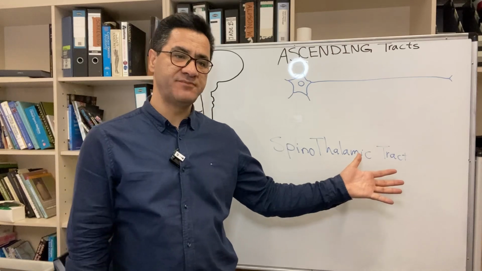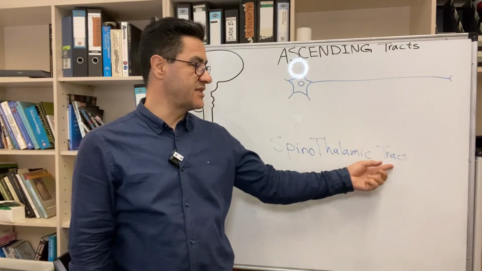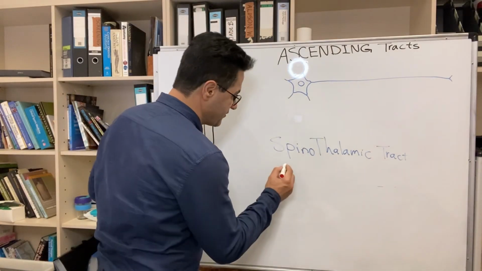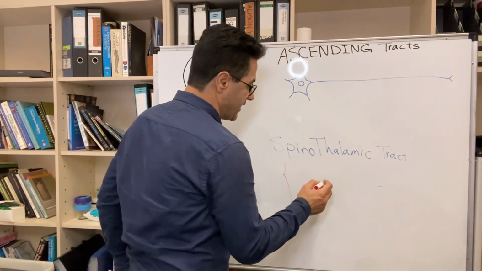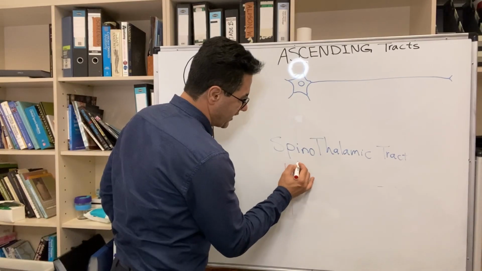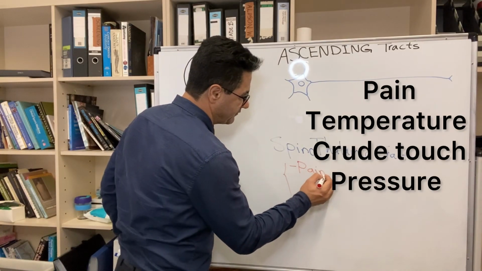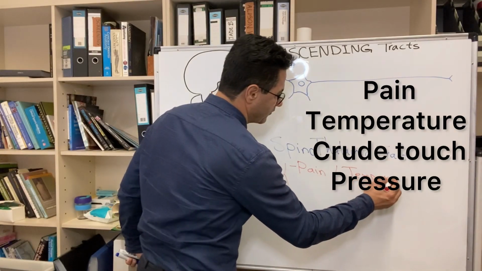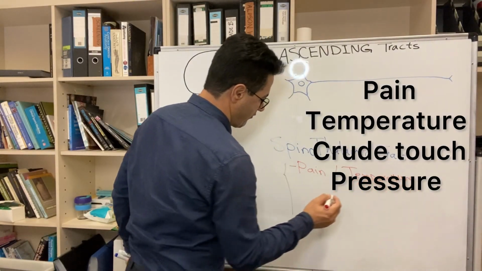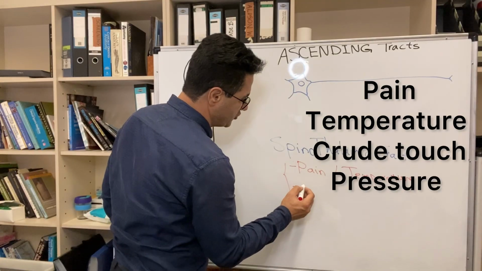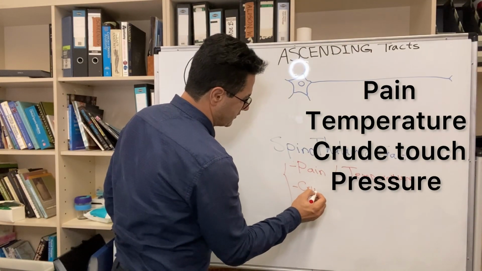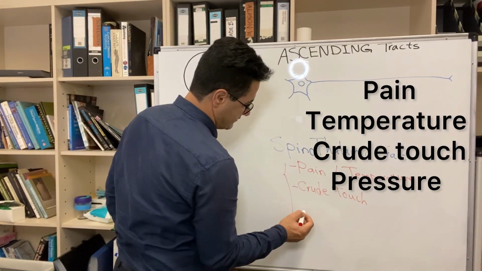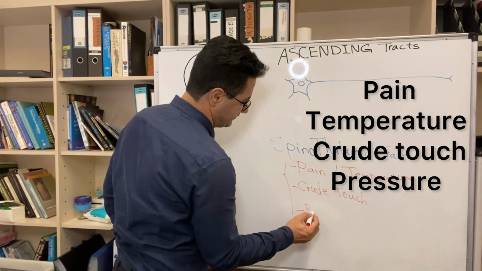Which sensory information is carried by this tract? The sensory information carried by this spinothalamic tract is pain, temperature, crude touch, and pressure.